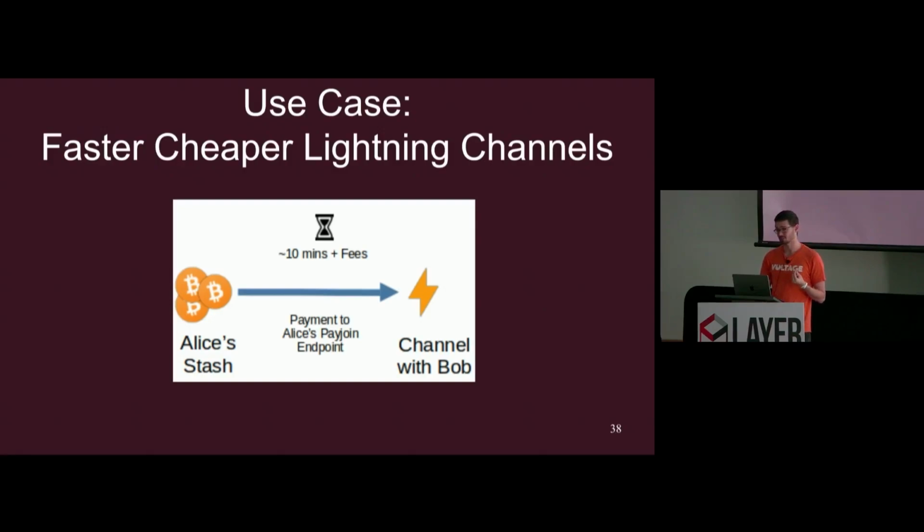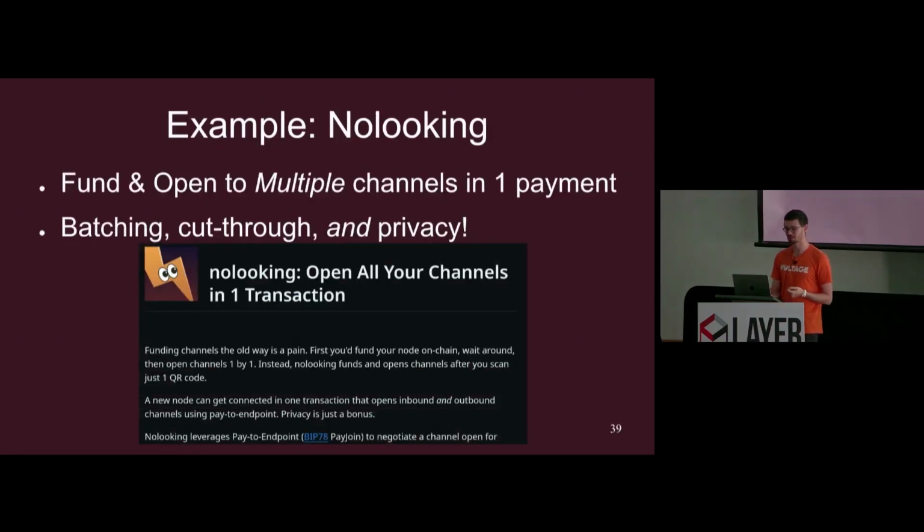And it actually gets better than this because you can combine it with batching. And that's actually been done as a proof of concept via the No Looking project. This is the result of a hackathon project a couple years ago. It's a proof of concept, so please do not use this in production. But basically what it proved is that you could fund and open multiple Lightning channels in one payment. And the UI for this was really cool.